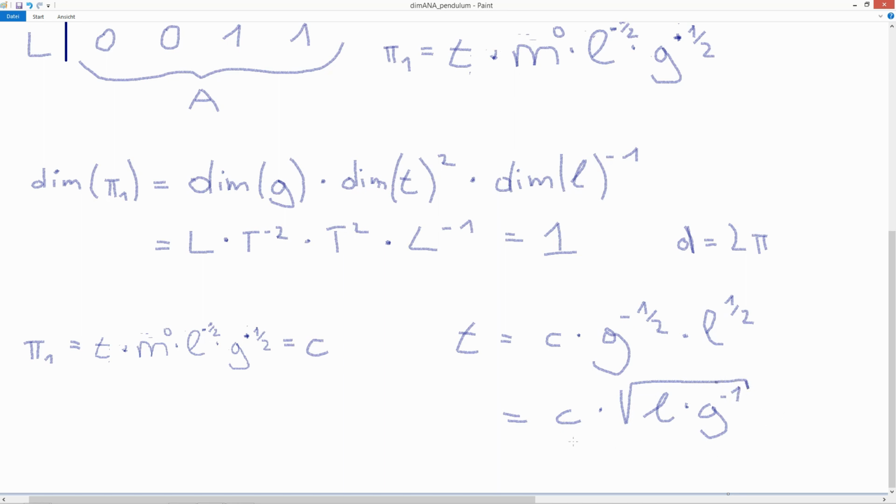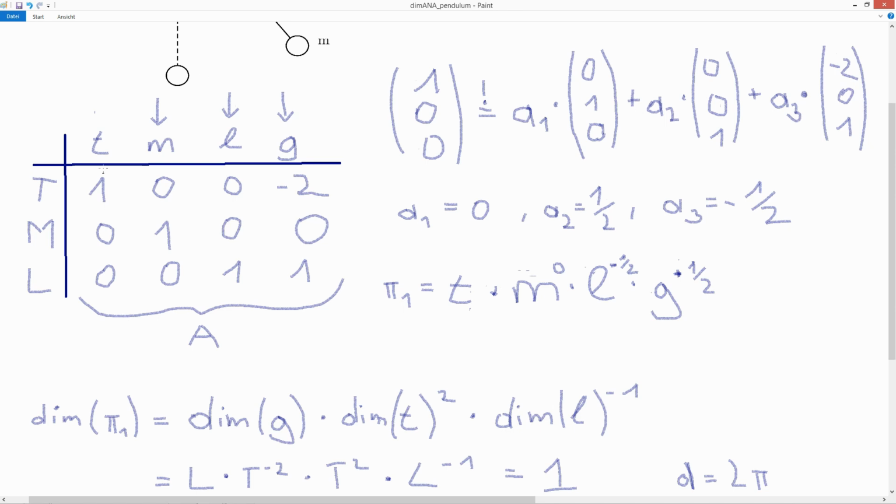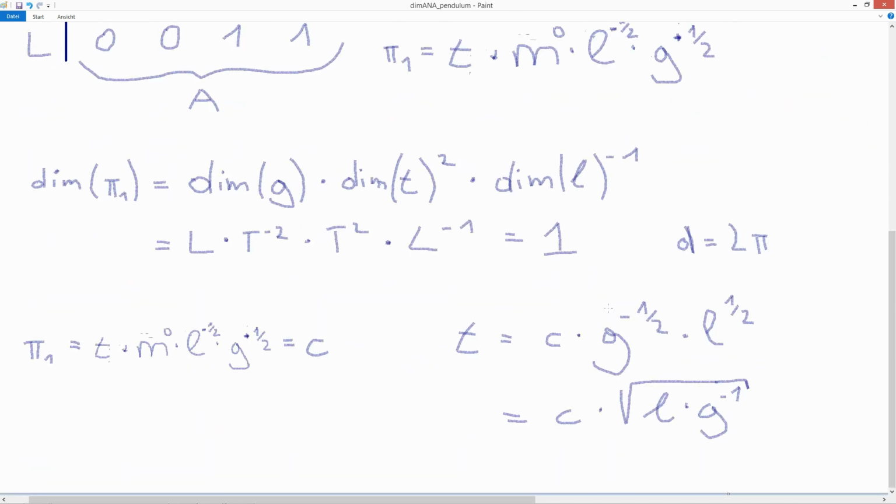So this here is the same formula we got when using the first 3 columns. So this approach leads to the same formula for t, which is a good thing.